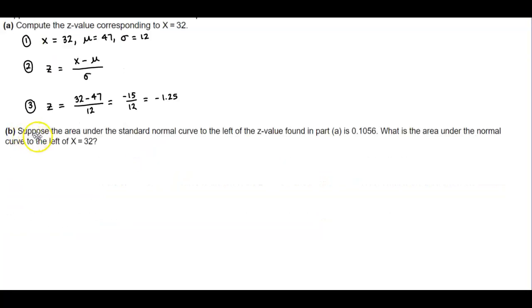So now in part B, it says, suppose the area under the standard normal curve to the left of the z-value found in part A is 0.1056. We want to know what is the area under the normal curve to the left of x is equal to 32. Well, first let's draw our bell curve. Okay, and so we have our bell curve.